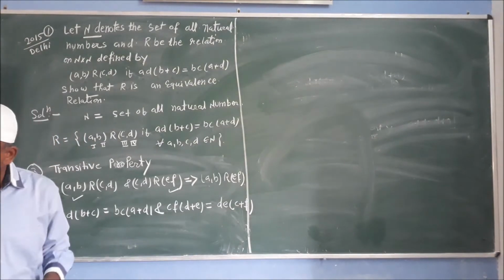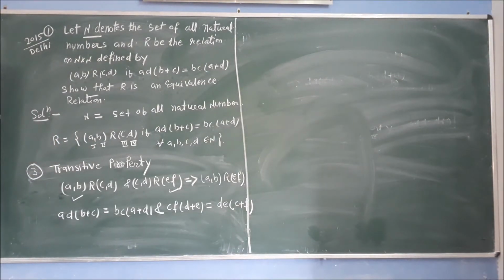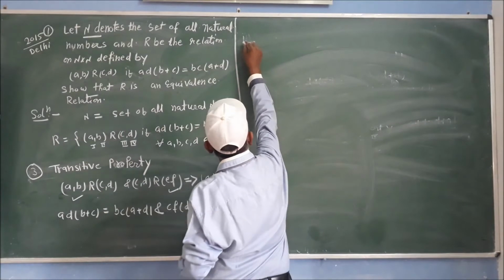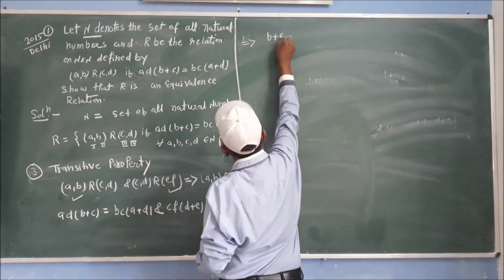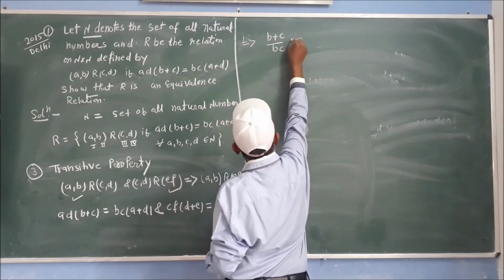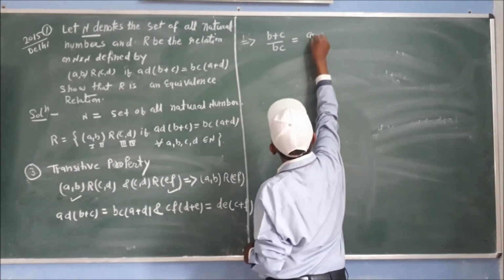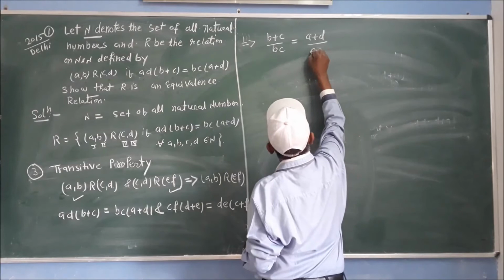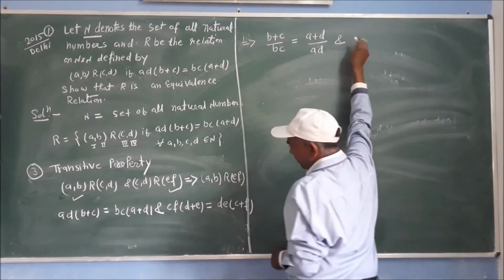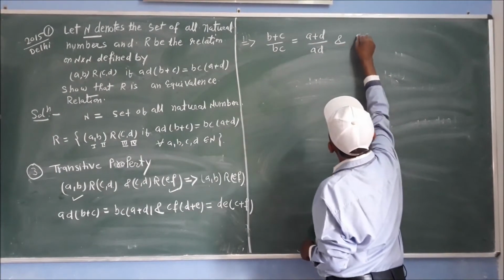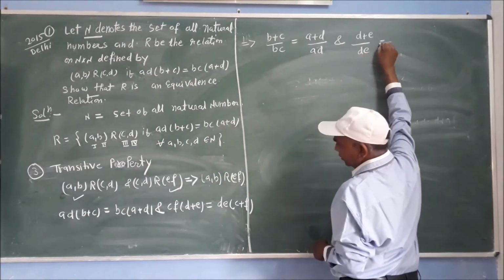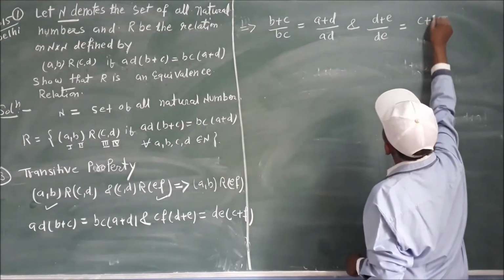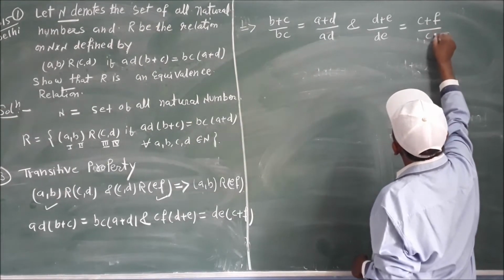So this implies (B plus C) by BC is equal to (A plus D) by AD, and (D plus E) by DE is equal to (C plus F) by CF.